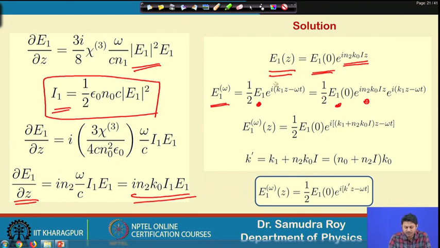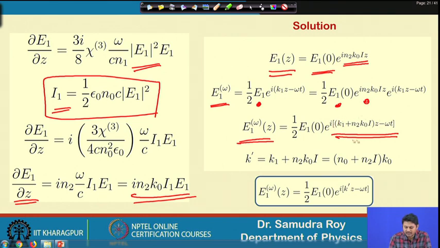So, that means the amplitude of these things is not going to change, only the phase is going to evolve with z. Here you can see that when z is equal to 0, E1 z is equal to E1 0. So, gradually the phase is going to evolve, and if I now write this total phase of the total field E1 z, then I find that these things are now changing.